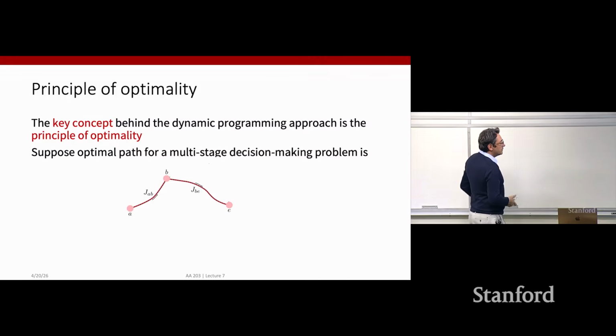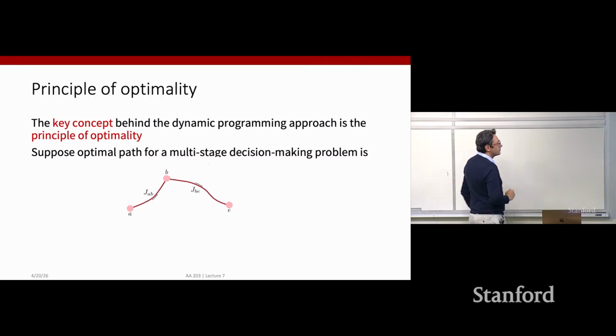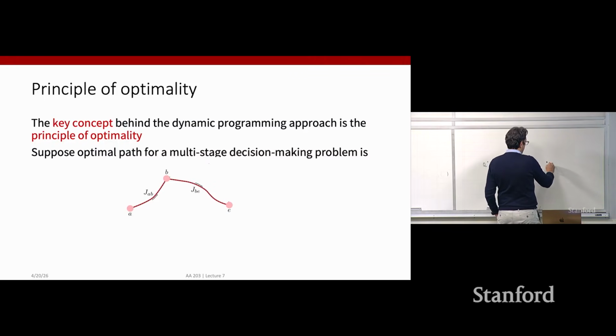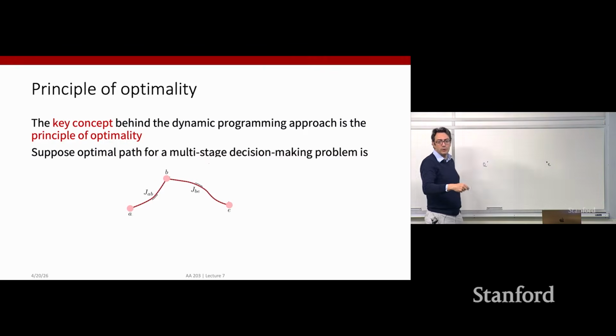Suppose that you have an initial condition referred to as A, and a final condition referred to as E, and you want to go from A to E, and to do so, you have to enact a number of decisions.